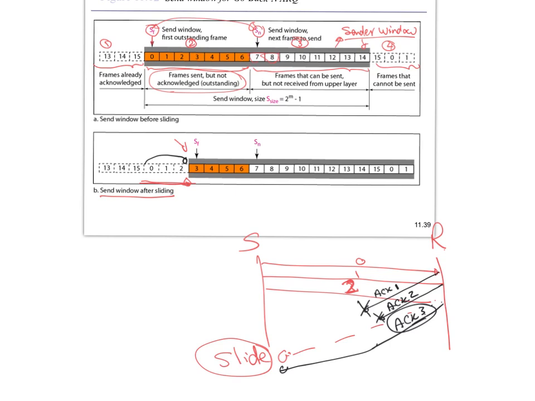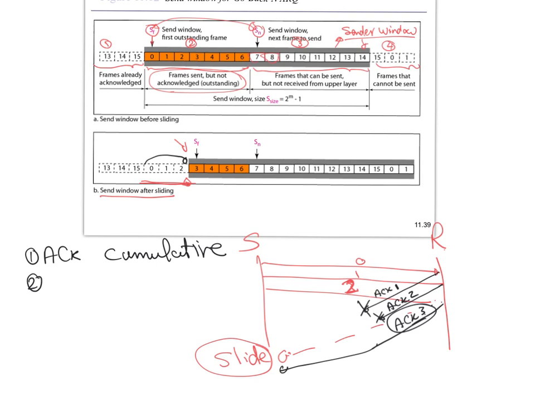And that's actually a big advantage for Go-Back-N. Remember these 2 keywords for Go-Back-N. Acknowledgement is cumulative. This is very important.